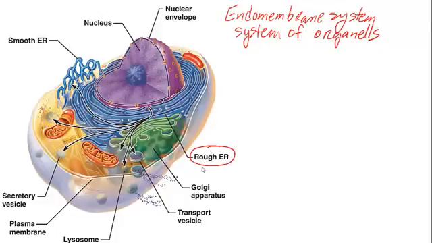It's going to include the Golgi apparatus. It's going to include secretory vesicles as needed, and transport vesicles. So it's really a group of membranous organelles throughout the cell that helps to ensure that the cell is functioning correctly.